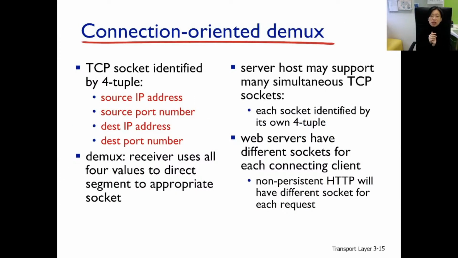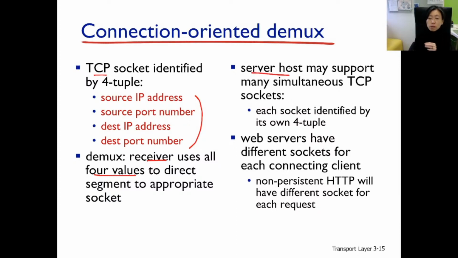The slightly more complicated one is the connection-oriented demux. That is also TCP's demultiplexer. So whether a packet or a segment should go to a particular socket depends on all four pieces of information. So the receiver uses all four values to direct the segment to the socket.